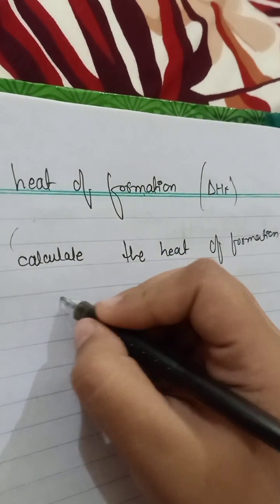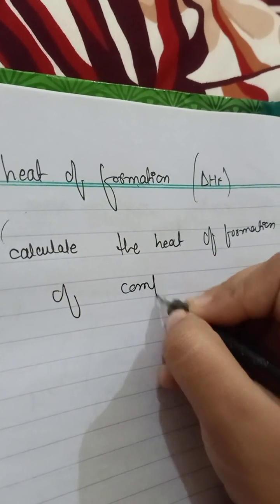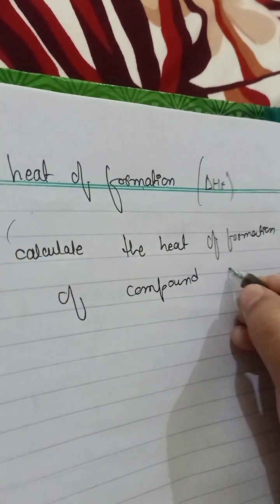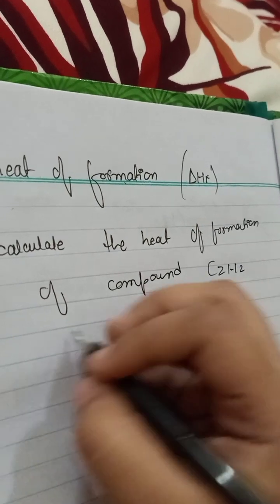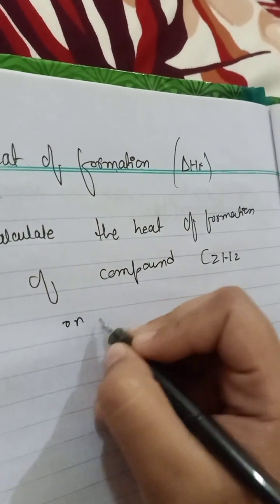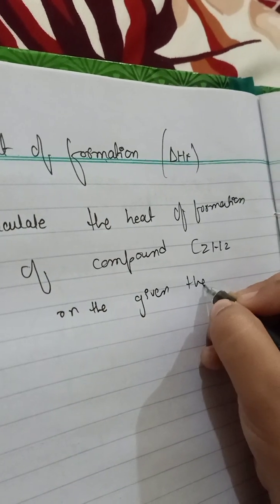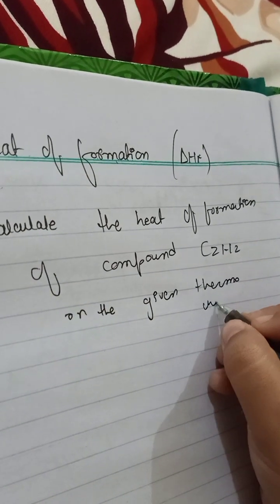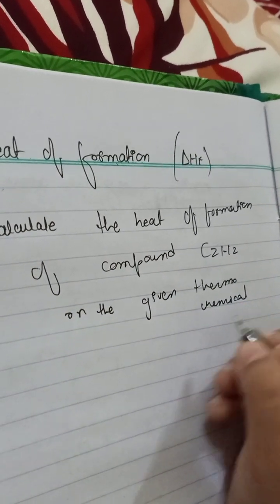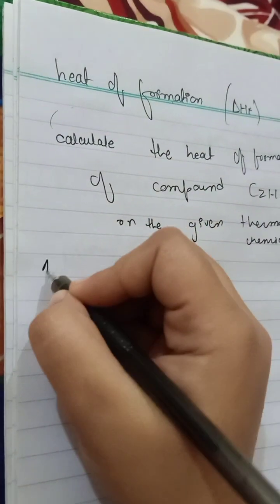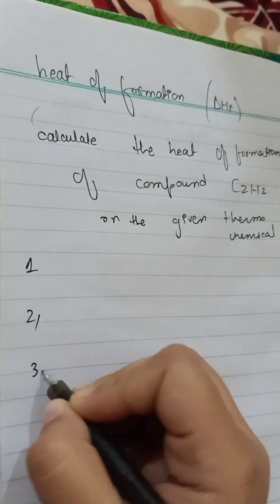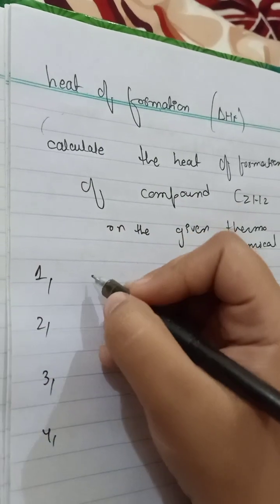Calculate the heat of formation of a compound, acetylene, that is C2H2, based on the given thermochemical equations. I'm having 4 equations. Let me write them so I can understand properly.